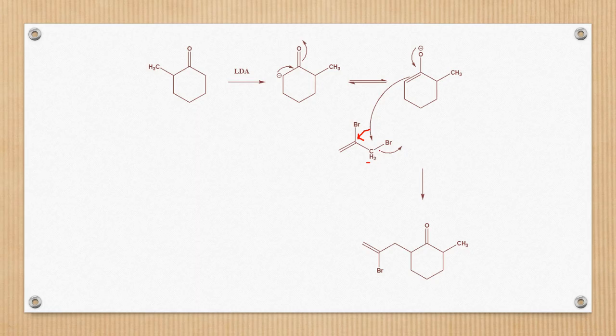So it is very facile to be knocked out rather than this carbon. That is why this bromine is intact, but this bromine is knocked out. So here it will attack on the more exposed sp3 C-Br bond, and bromine will knock out to give you the product.